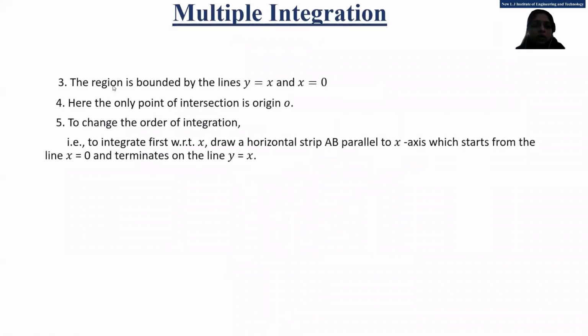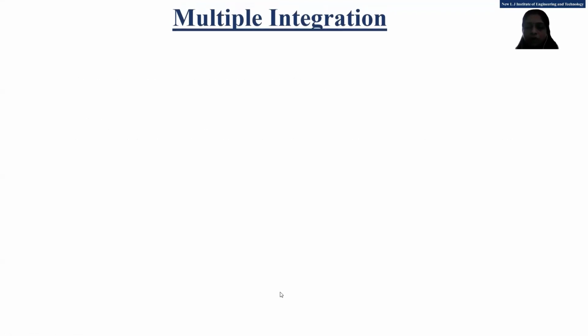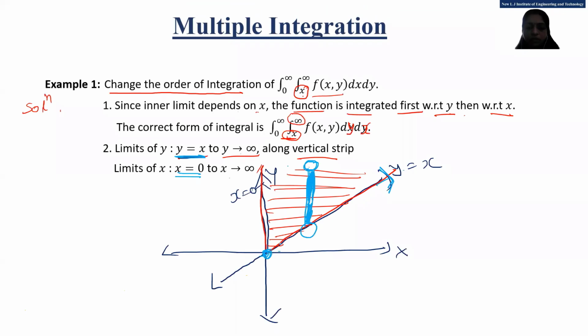Now, the region is bounded by the line y equals x and x equals 0. Here, the only point of intersection is what? Origin. See, the point of intersection is this. There is only one point of intersection, and that is the origin, right?